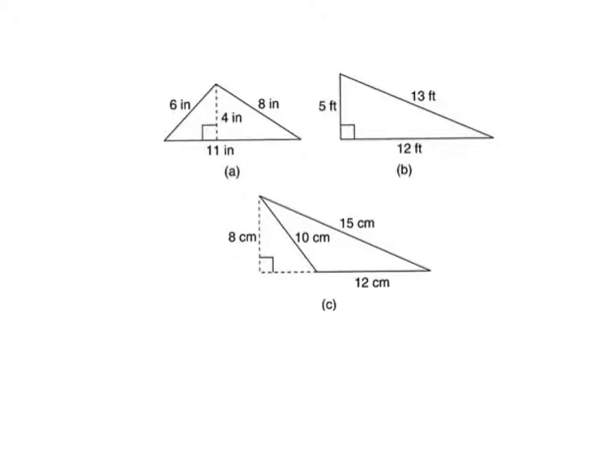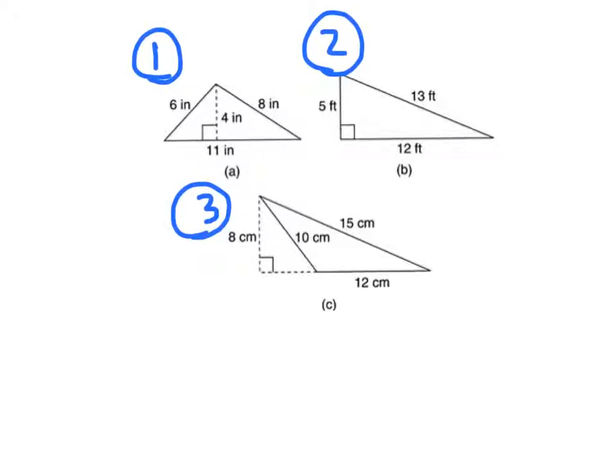Okay, please try these three, and that'll be it. Okay, so here's number 1, number 2, number 3. It's a little mini quiz here. Pause your video, calculate the area for all three, and restart to check. Welcome back from pausing the video.